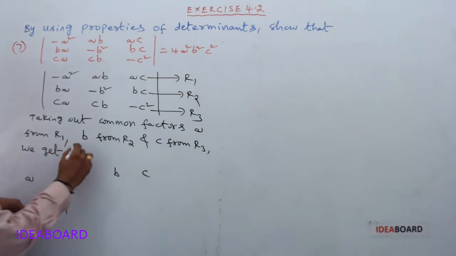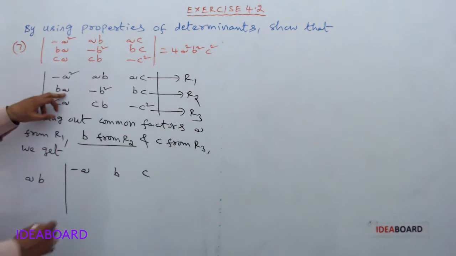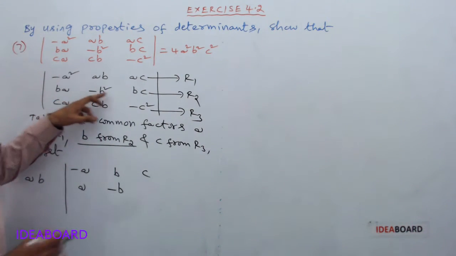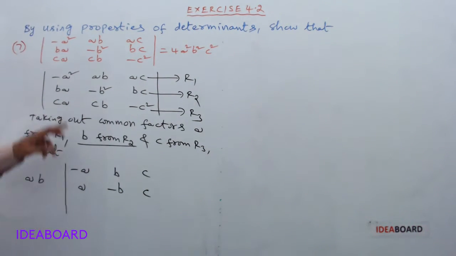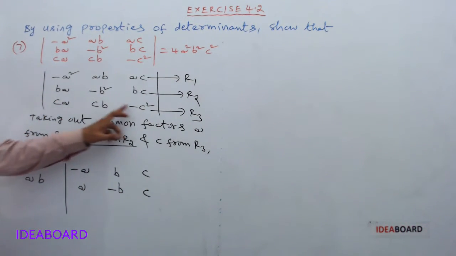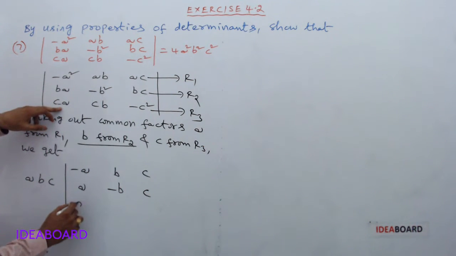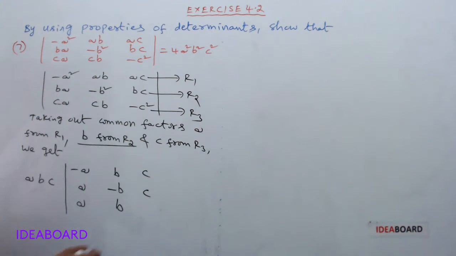Now b from R2: a, minus b, c. Now take c from R3: a, b, minus c.